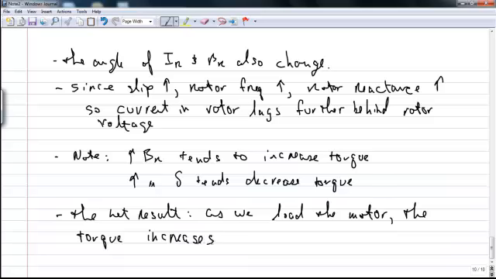As this load continues to increase, we reach a point where the sine delta term decreases more than the B sub r term increases.